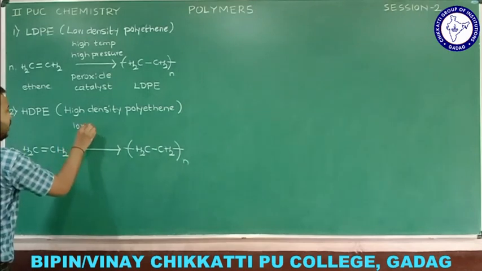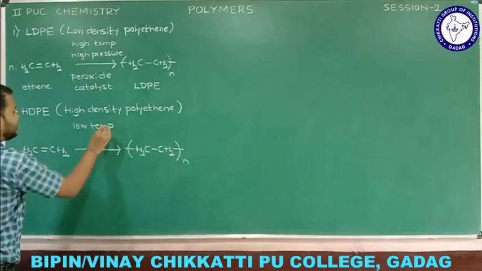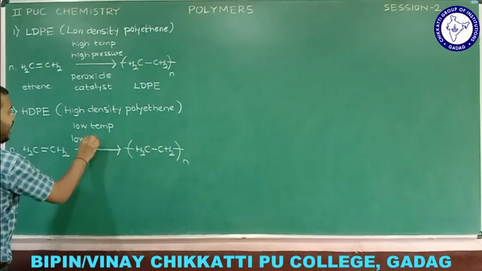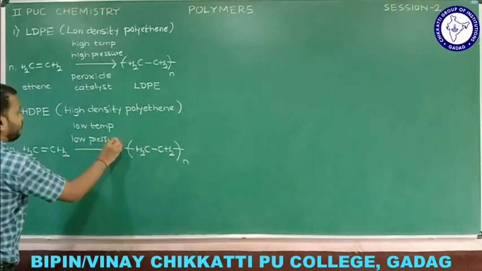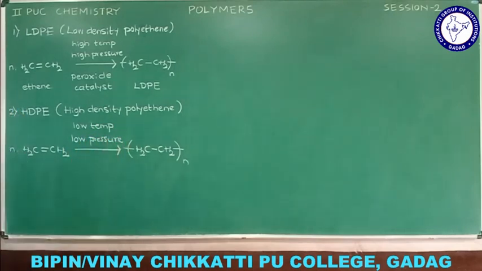That's why it belongs to high density polyethylene. Usually low temperature and low pressure are required in the case of HDPE. If you compare LDPE and HDPE, I have written in which case high temperature and high pressure are required, and in which case low temperature and low pressure are required. In the case of LDPE, we use peroxide catalyst.